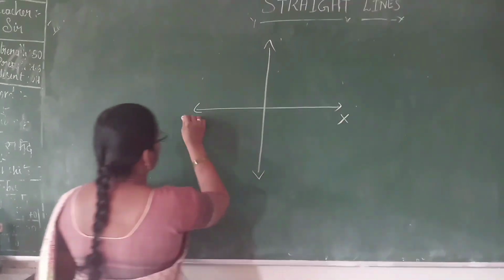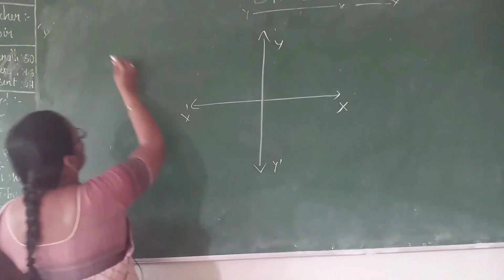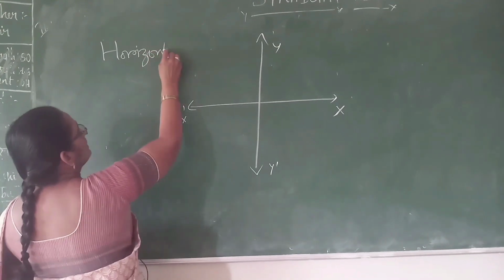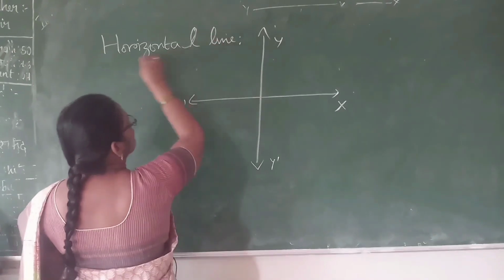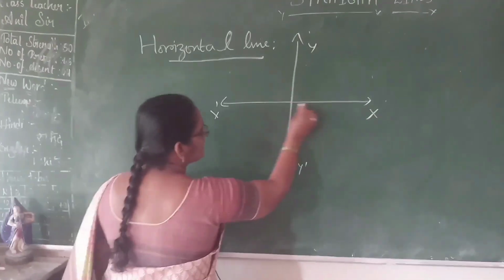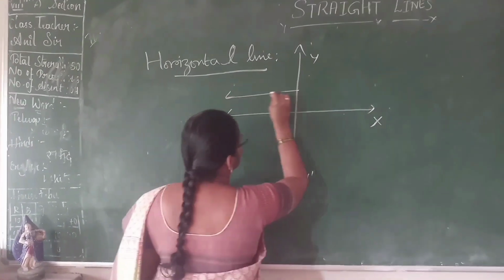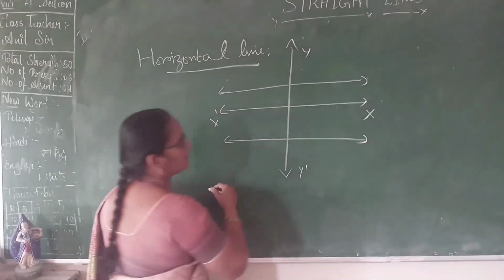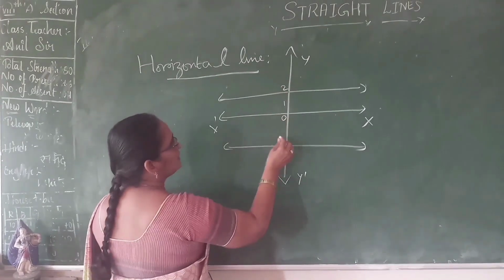This is x, x dash, y, y dash. Then how are we going to represent a horizontal line here? This is called the x-axis. We can draw parallel lines like this, from here to here, another parallel line, and you know how we represent the numbers.